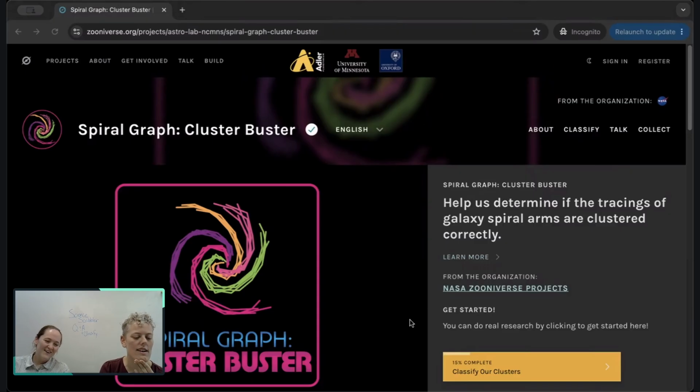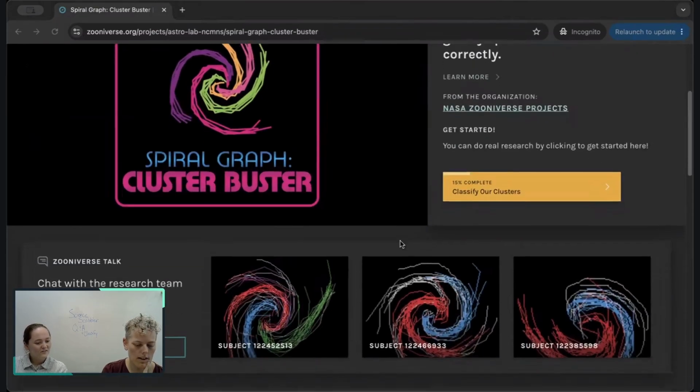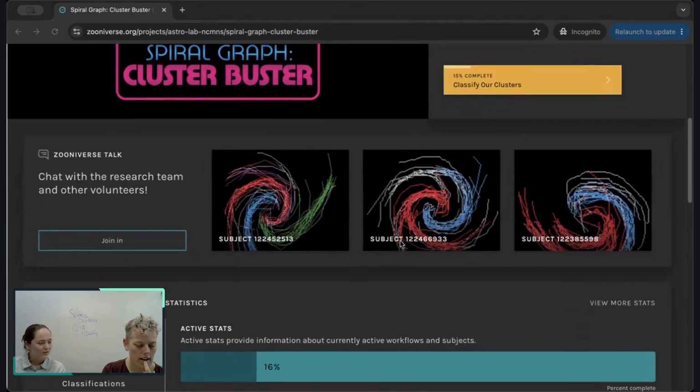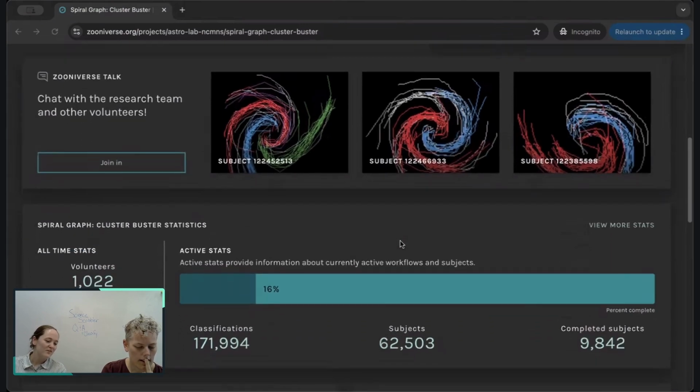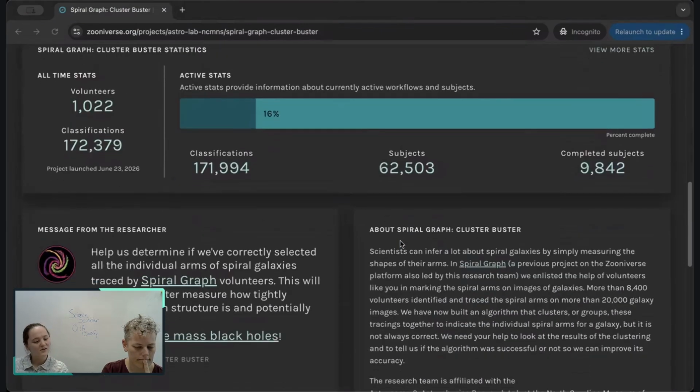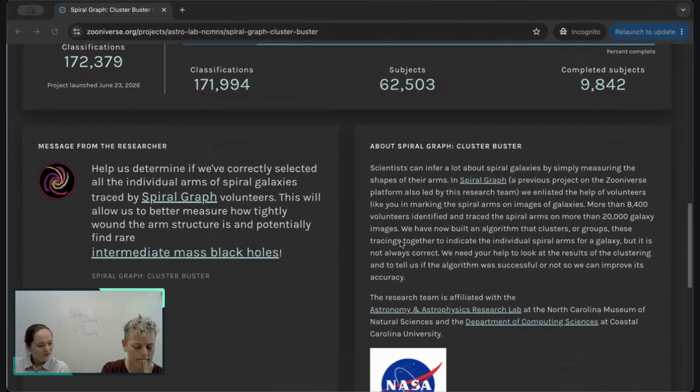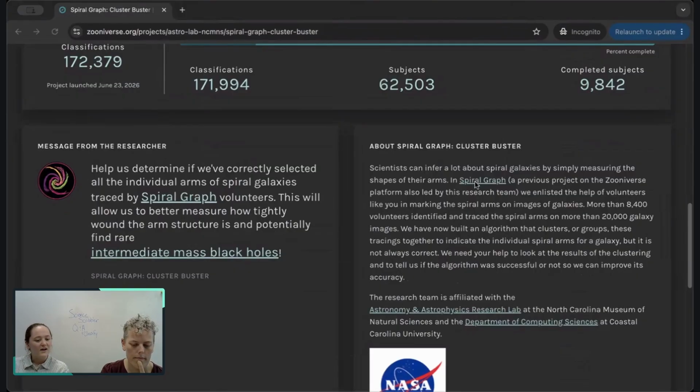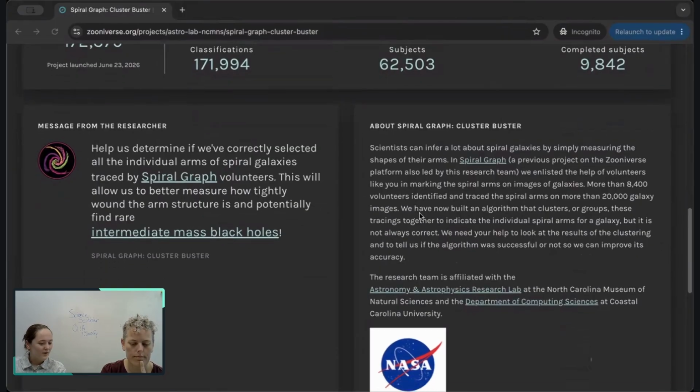So we are doing astronomy, it looks like. Help us determine if the tracings of galaxy spiral arms are clustered correctly. So this is the second project from the same research question. Spiral Graph was the original project, and that's where all the tracings come from of these spiral arms of galaxies.